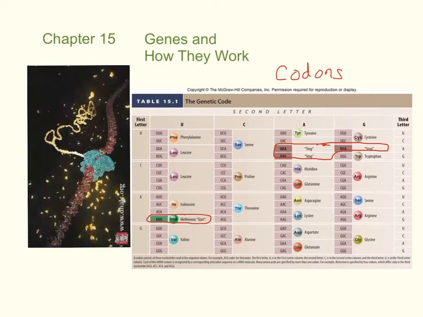Since there are only 20 amino acids and 64 possible codons, many codons code for the same amino acid. For example, serine has 4 possible codons, and you'll notice they all start with the nucleotides UC, and the third nucleotide is different.